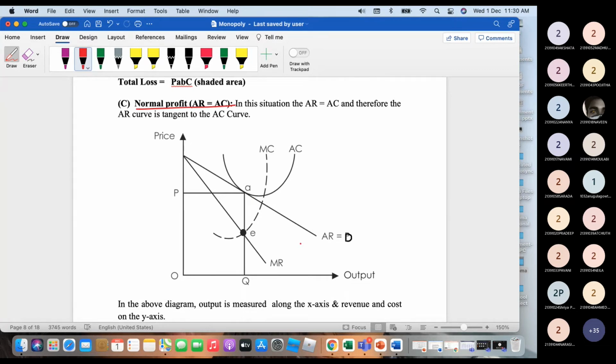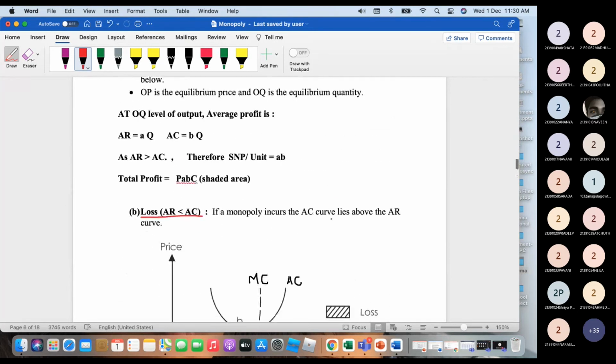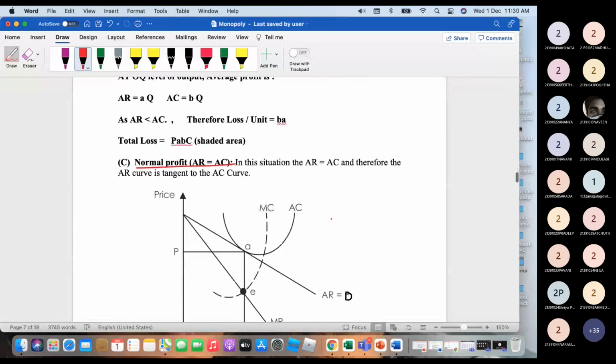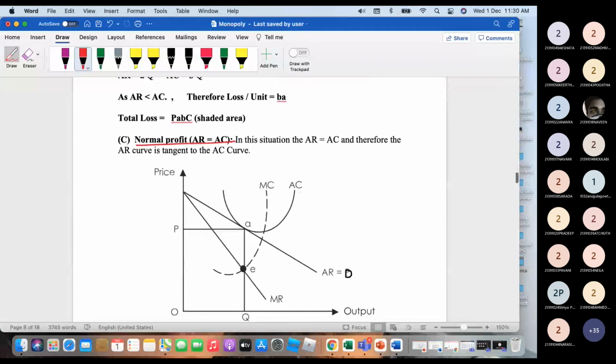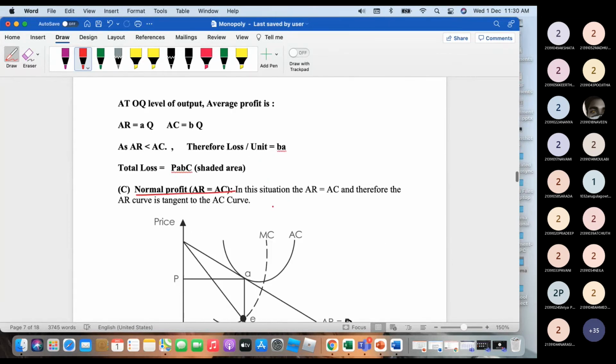So the rest of the curves are going to be the same. AR, MR, MC curves, all three are going to be the same. Only to show the difference, that is profit, loss, or normal profit, we have to position our AC curve either above the AR, below the AR, or on the AR.